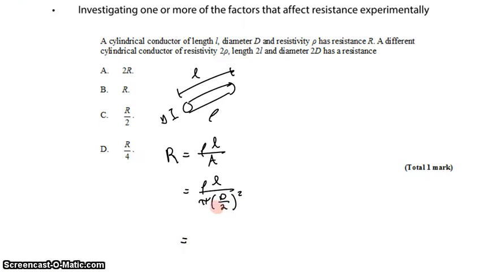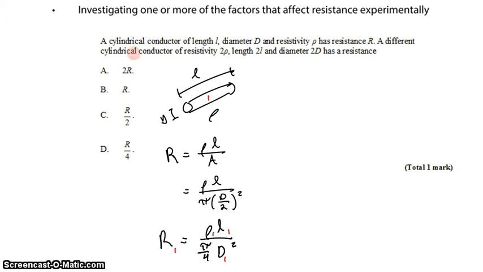Simplifying the formula a little bit by squaring each term in these brackets, we'll get ρL on π on 4 d squared. That's equal to R in general. In this case, the resistance of wire 1 is equal to ρ1 L1 on π on 4 d1 squared.